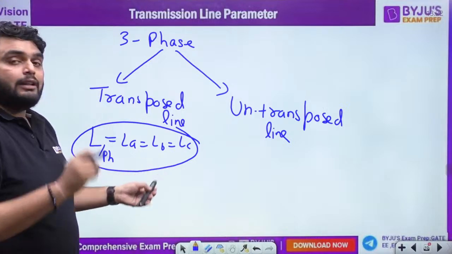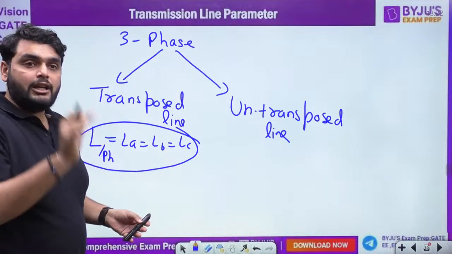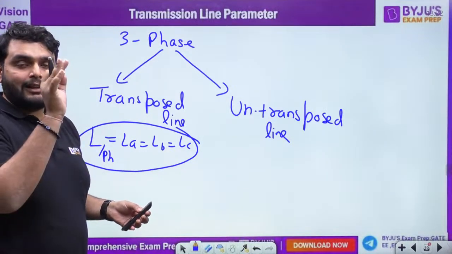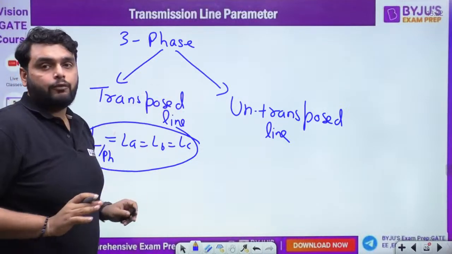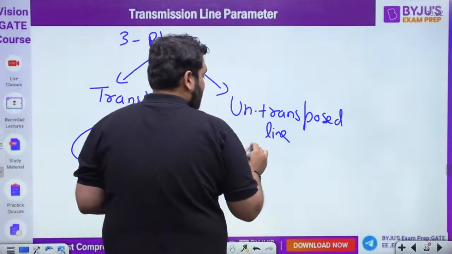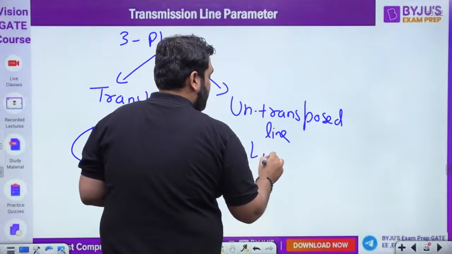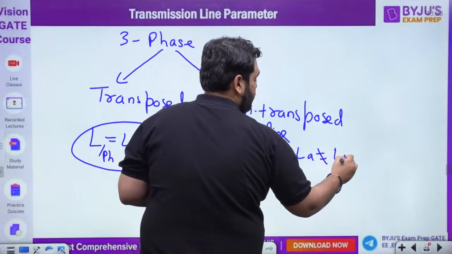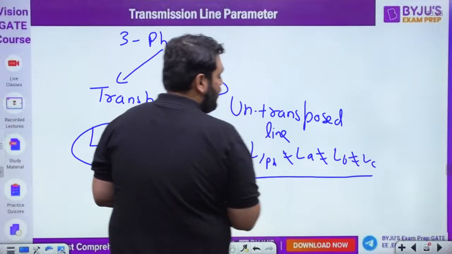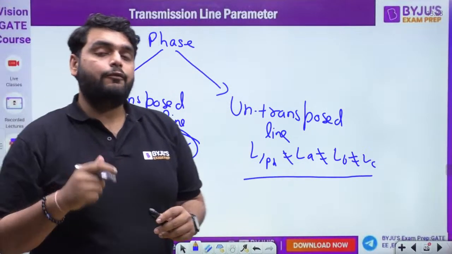In case of a transposed line, you have to find out the GMR of each conductor in a single phase, whether it is phase A, phase B, or phase C, and then solve it. Now in an untransposed line, the inductance per phase is not equal to LA, LB, LC, so you have to find the inductance of each phase separately.